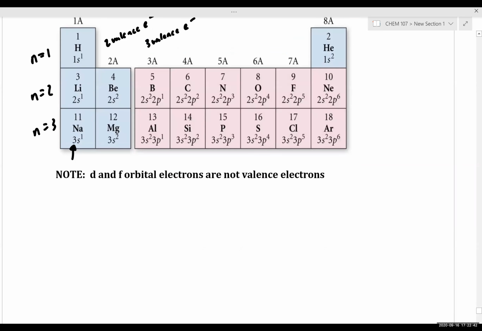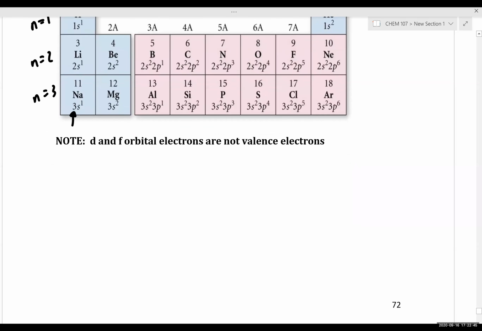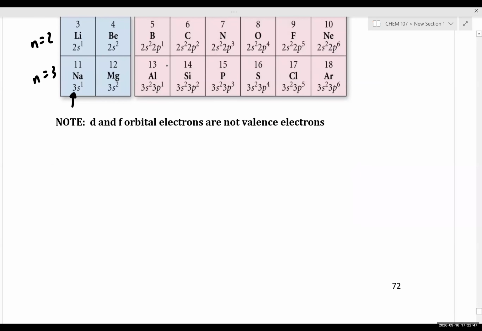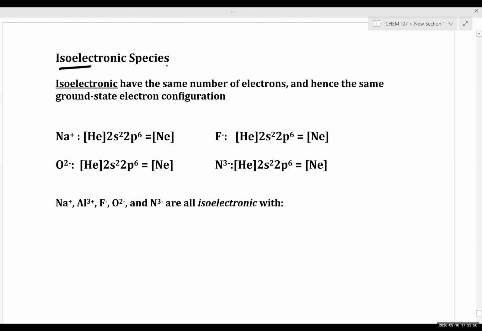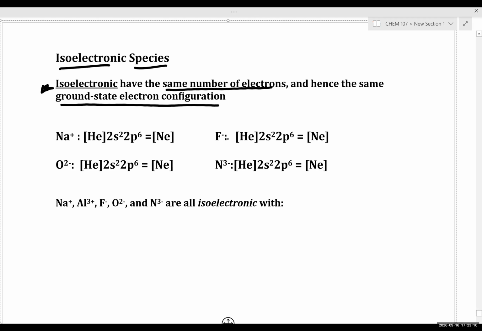Okay, so let's keep going and let's talk about isoelectronic species. We commonly see these when we start talking about the electron configurations for ions. So isoelectronic species have the same number of electrons and the same ground state electron configuration. So for example, if we look at each of these ions, sodium plus, F minus, N3 minus, O2 minus, what element are all of these ions isoelectronic with?